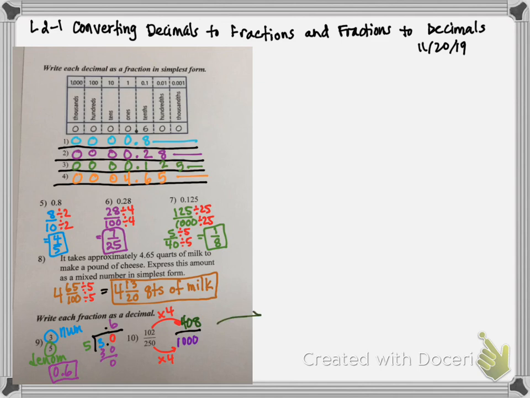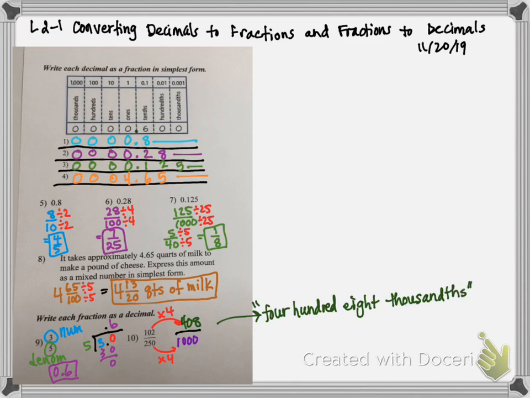So I'm going to put it over here. I'm going to read that. Oh, let me write it out in words. 408 thousandths. There we go. Woof. So that's how I'm going to write this.